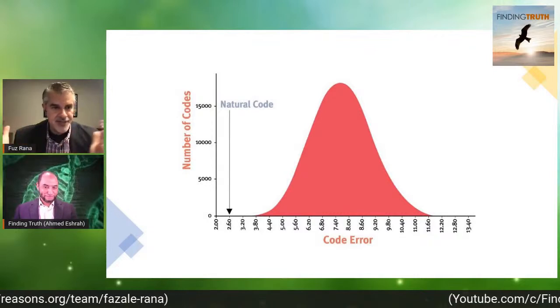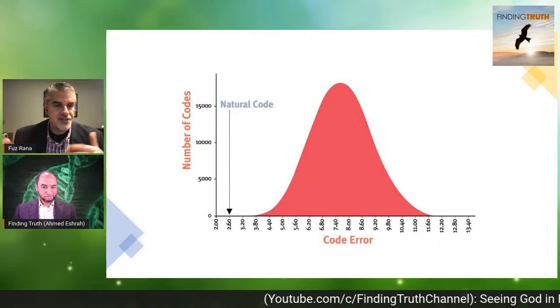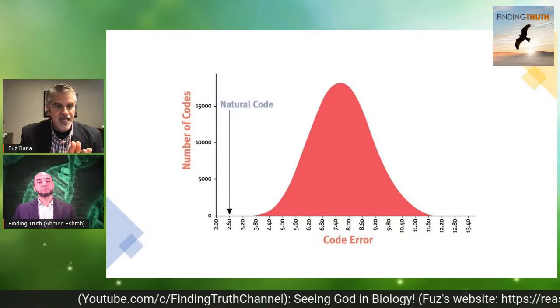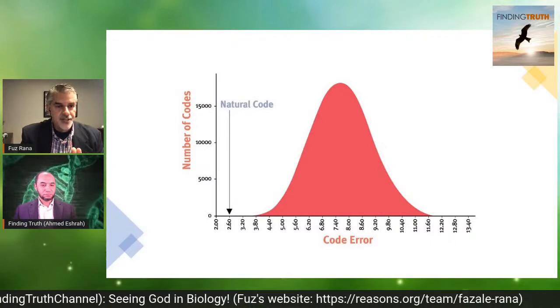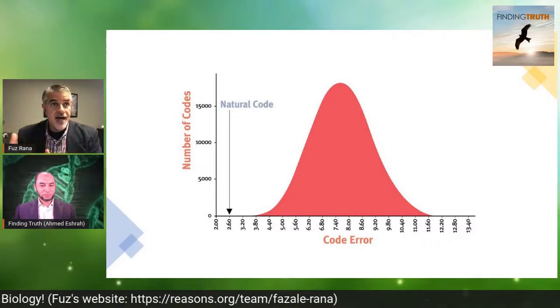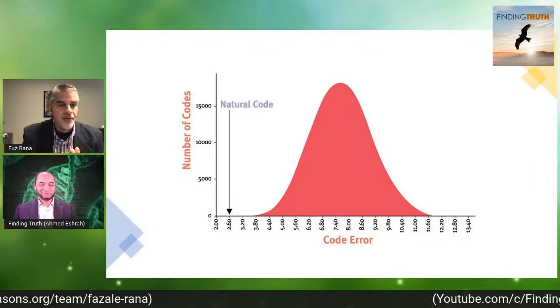And they compared the error minimization capacity of those 1 million random codes to the code found in nature, where the lower the number on the x-axis, the greater the error minimization is. Wow. So in other words, you want the lowest possible number, right?